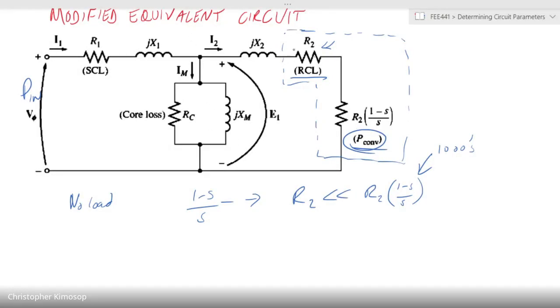So first of all, the impact of that is far, far reduced. Similarly, X2 has the same effect. This element, the converted power, is a much bigger proportion than what you have. So in that case, you can remove X2. What does that mean?